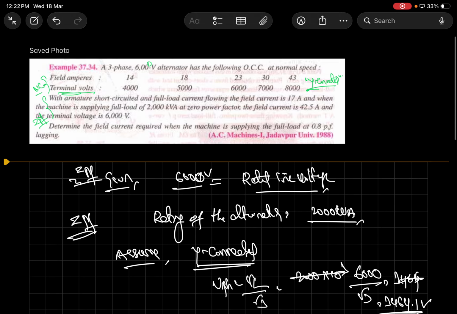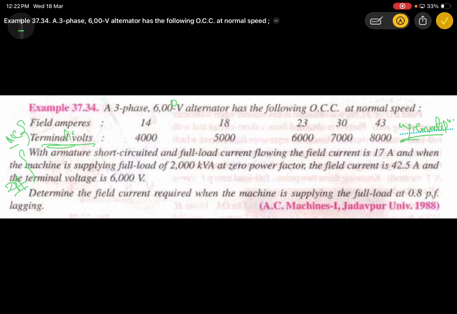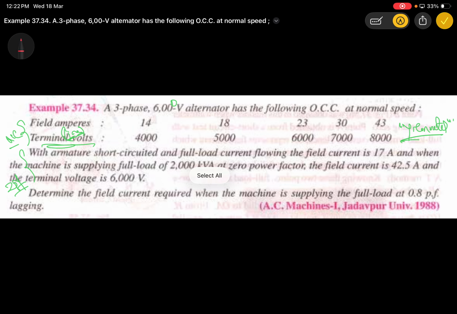Let's try to draw the characteristics here. Before we start, this is terminal line voltage, I have to convert this into phase voltage. Just to simplify things, I am trying to solve directly here.